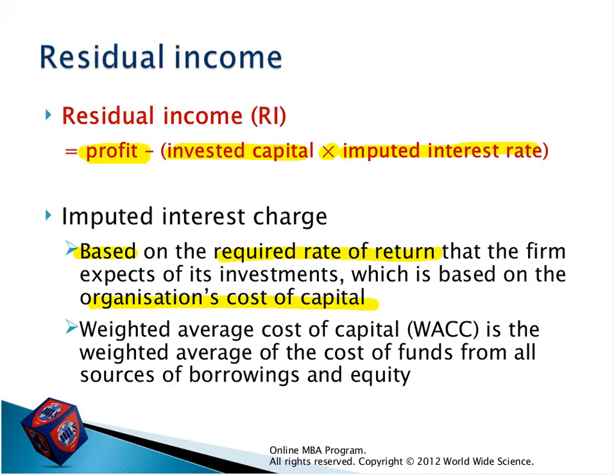It is the discount rate, and this discount rate must be equal to the company's cost of capital. They will make calculations and find these rates: how much it actually costs a company to invest in a project.